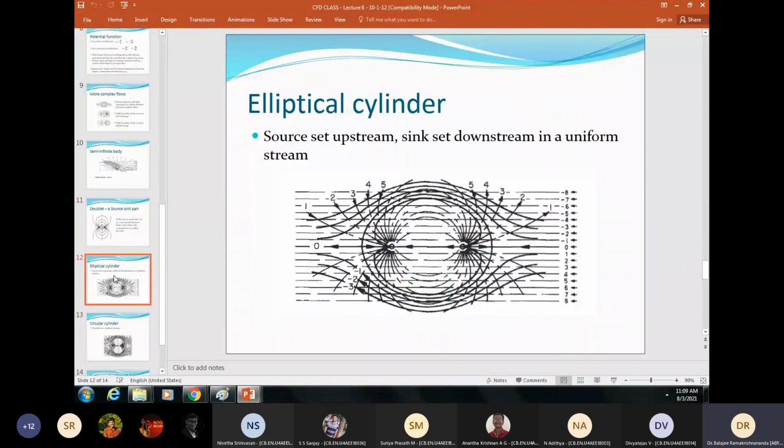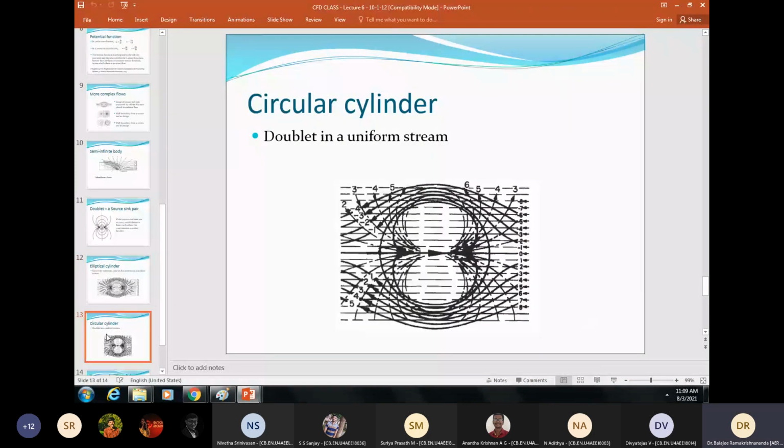If you place a source and sink, upstream and downstream in uniform flow, it will give an elliptical cylinder or Rankine oval. This is a Rankine oval shape. If a doublet is in a uniform stream, you get flow over a circular cylinder.